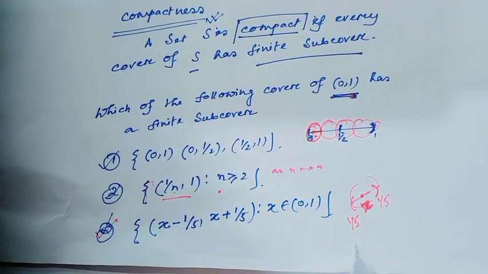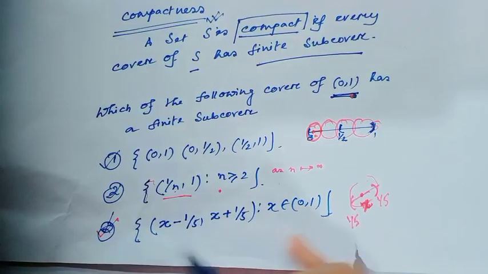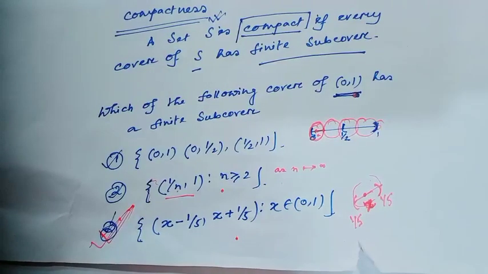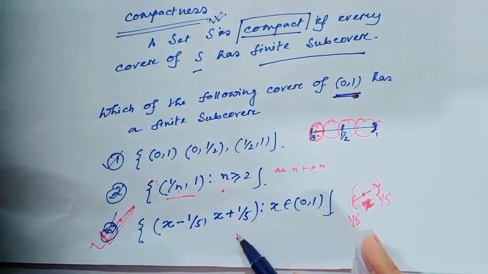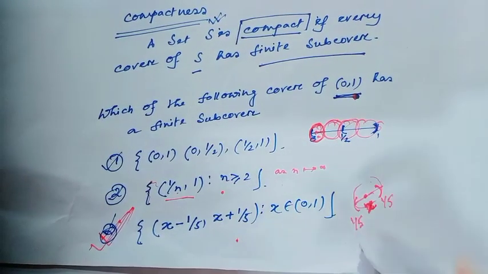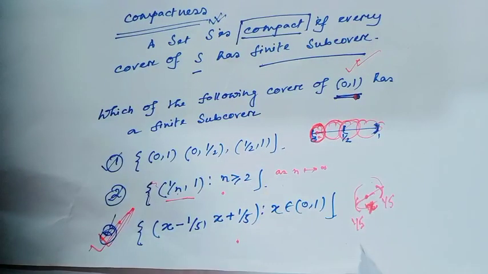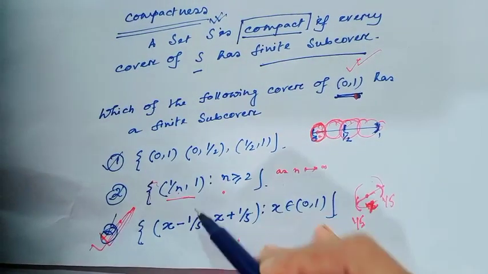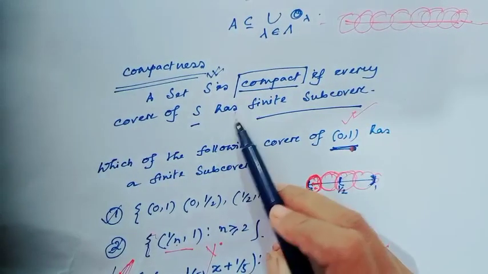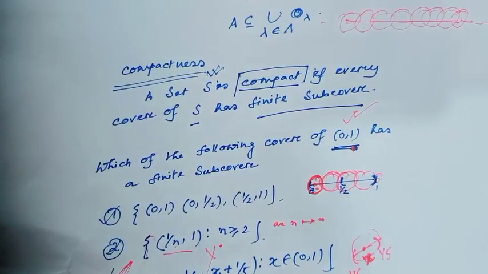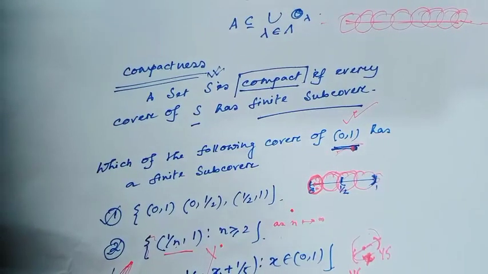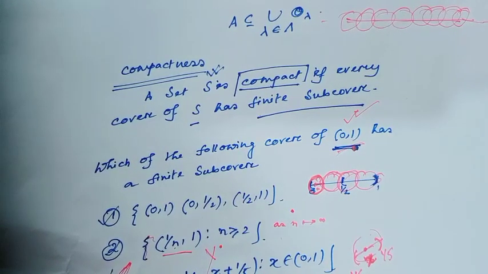So obviously for this open cover there exist finitely many subcovers which cover this open interval (0, 1), because the length of this ball is fixed. But the open interval (0, 1) is not compact because, see the definition, it indicates every cover of the set S has a finite subcover. For the second cover we cannot say the open interval (0, 1) is a compact set.